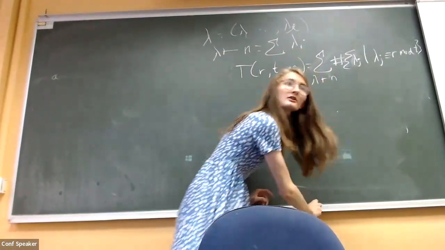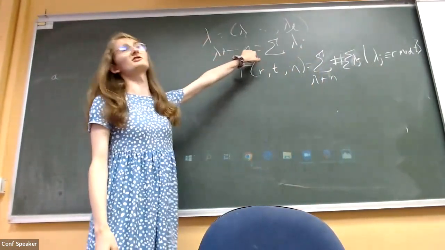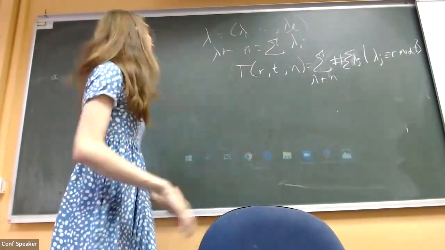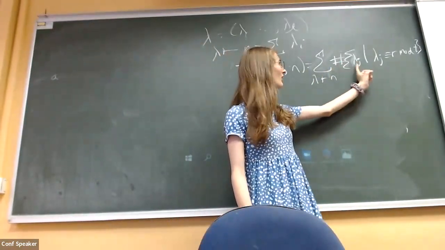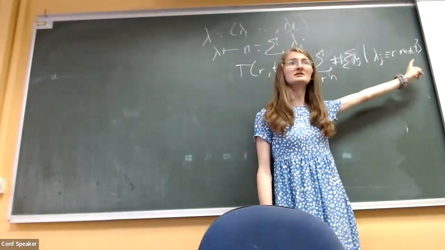Yeah, so this means lambda partitions n. So what this counts is the number of parts among all partitions of n which are congruent to r mod t.